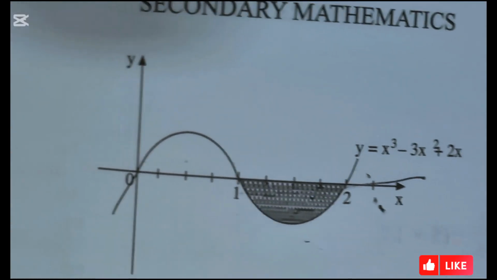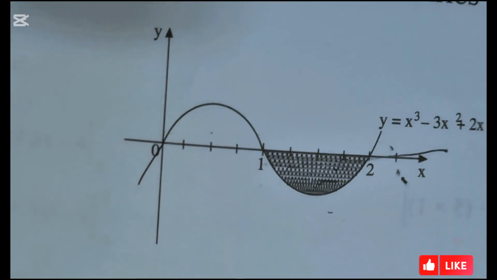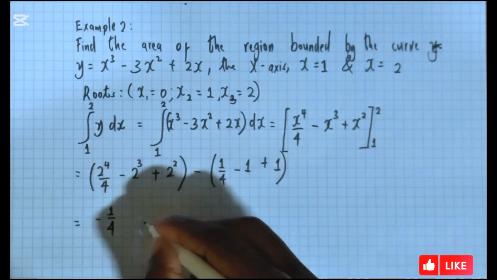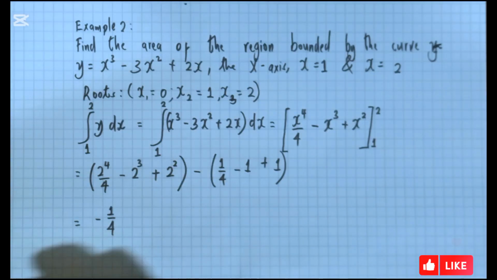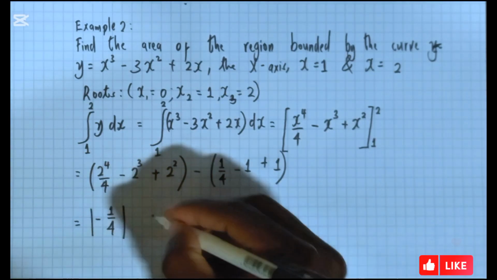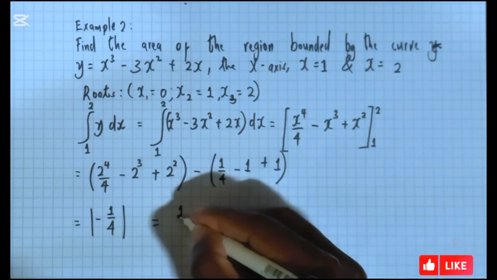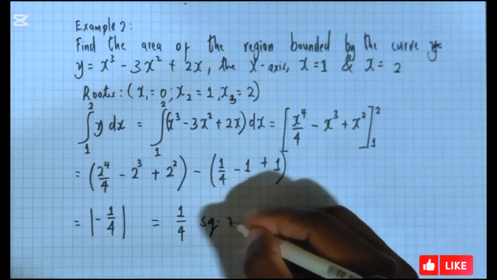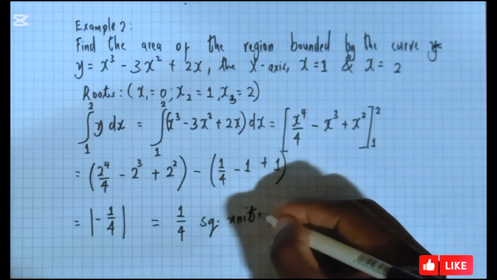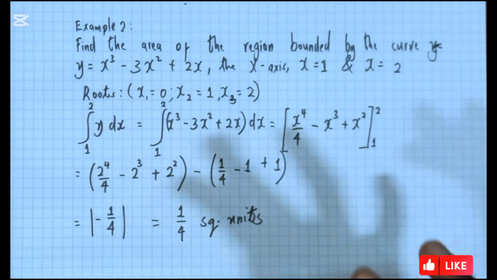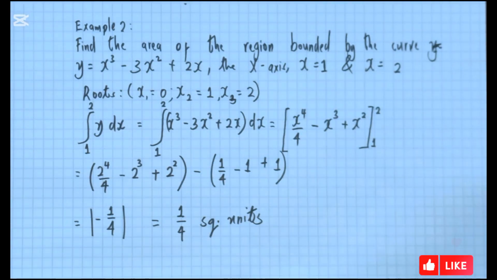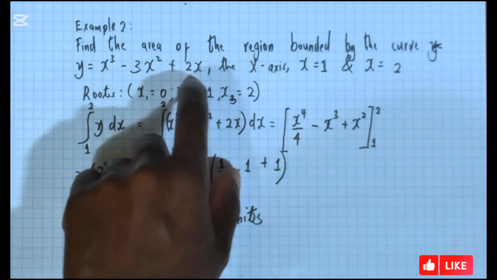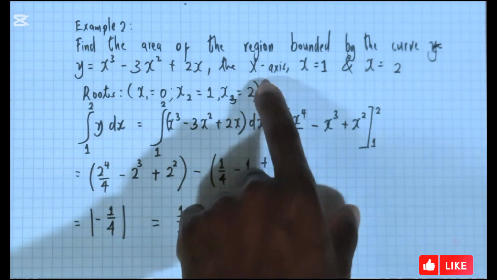So the area of this particular shaded region is going to be a quarter square units, as the area of the shaded region of the curve y equals x cubed minus 3x squared plus 2x bounded between the x-axis, x1 and x2.